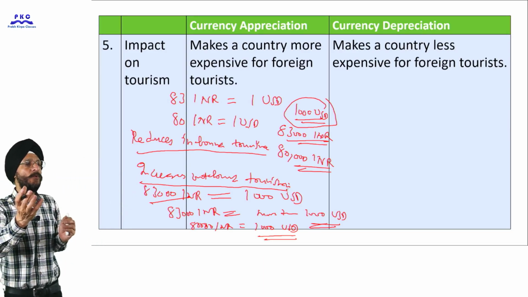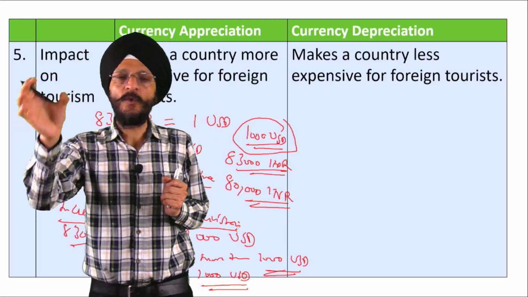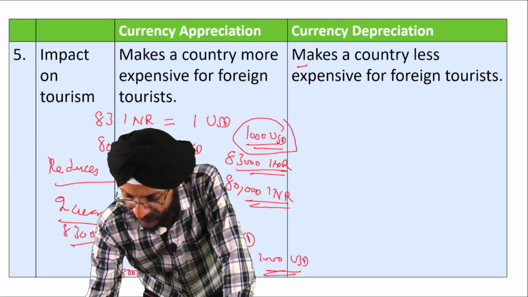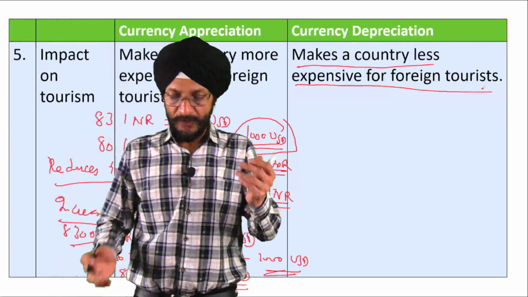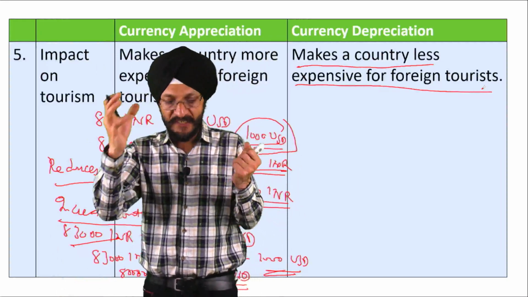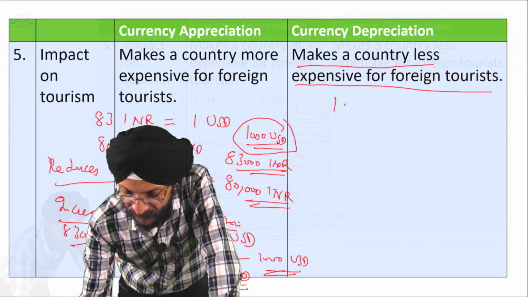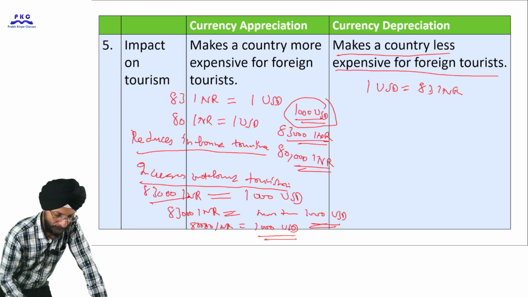Now we come to the impact of currency depreciation on tourism. Currency depreciation makes a country less expensive for foreign tourists. We understand this with an example. Suppose at present 1 US dollar is equal to 83 Indian rupees.